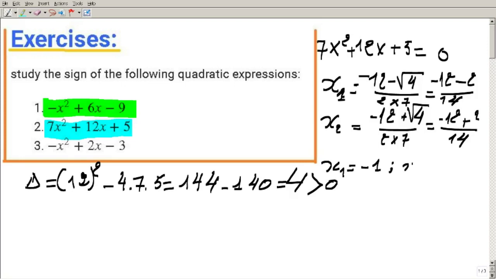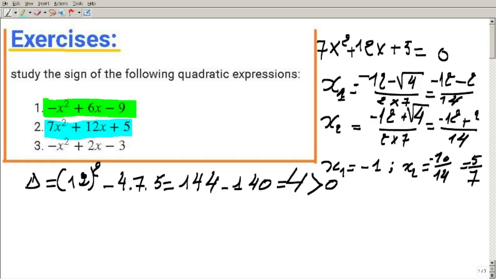The second solution x2 is equal to minus 10 over 14, which by simplification by 2 we obtain minus 5 over 7.